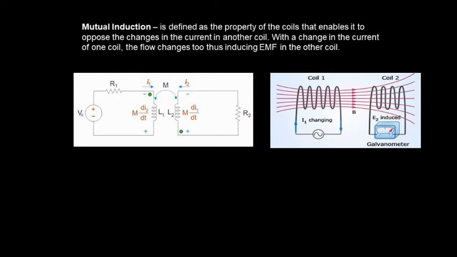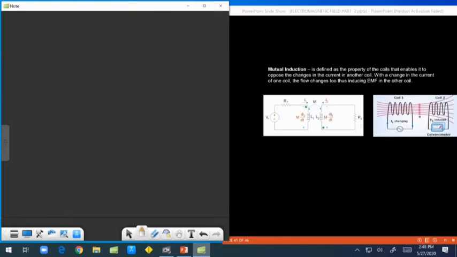The voltage in one is equal to M1 di over dt. Let's say this one is 1. The voltage in the second one, this one will be 2.